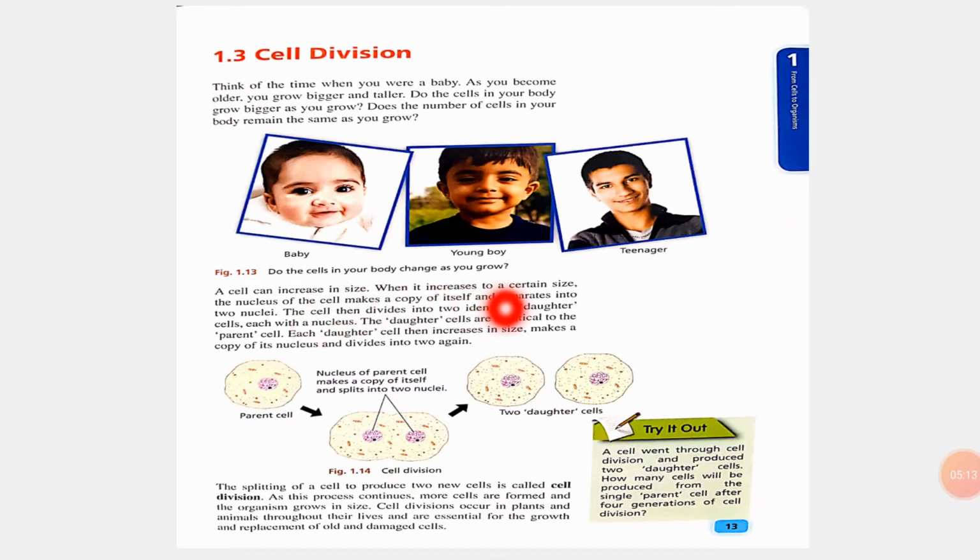When it increases to a certain size, the nucleus of the cell makes a copy of itself and separates into two nuclei. The cell then divides into two identical daughter cells, each with a nucleus. The daughter cells are identical to the parent cell. As you can see here, two daughter cells are formed after cell division and they are completely identical to their parent cell.